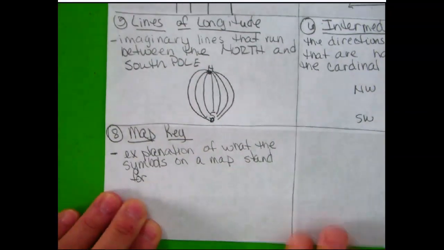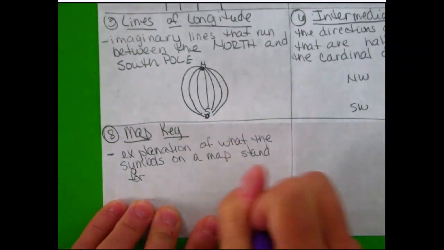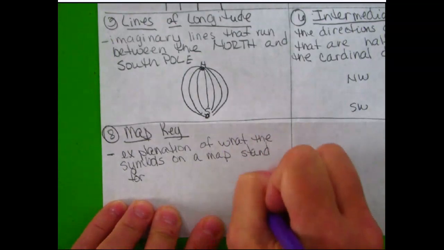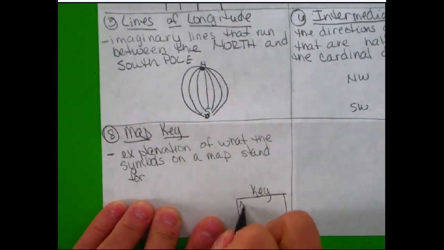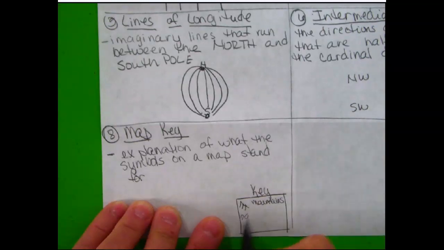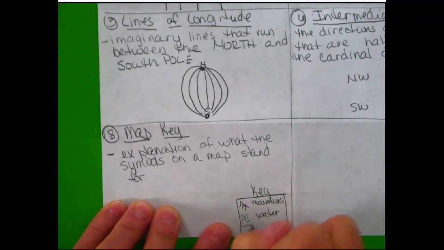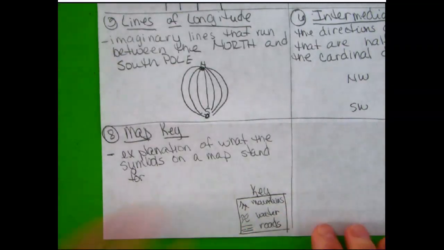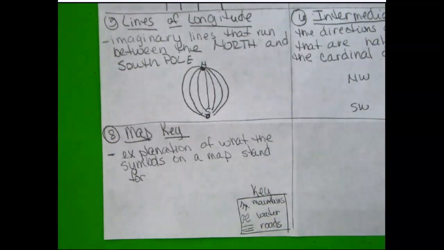So oftentimes in the corner of a map, you'll have the key. So you might see like mountains. You might see water. You might see roads. And there's so many others that we could add to. You might see trees, houses, whatever is on the map. Oftentimes they will create a map key.